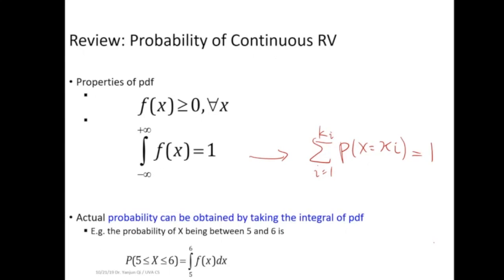If you want to obtain the probability of a range of values, you normally just do the integral over that specific region. So for example, if you want to understand the probability that this x variable, which is continuous, is between 5 and 6, you just do the integral from 5 to 6 of the PDF, that density function.